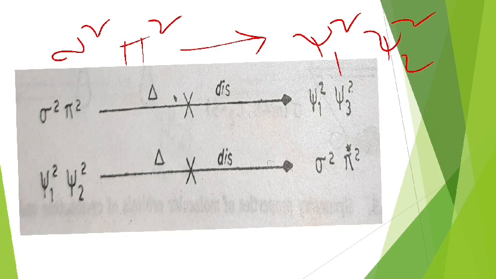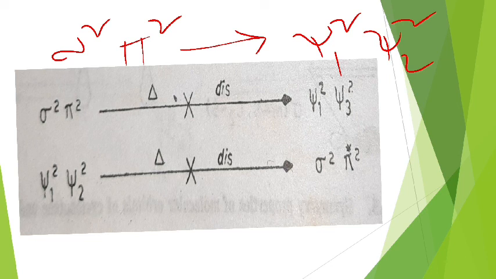Hence disrotatory ring opening of cyclobutene is a photochemically symmetry allowed process, and conrotatory ring opening of cyclobutene is thermally symmetry forbidden process.